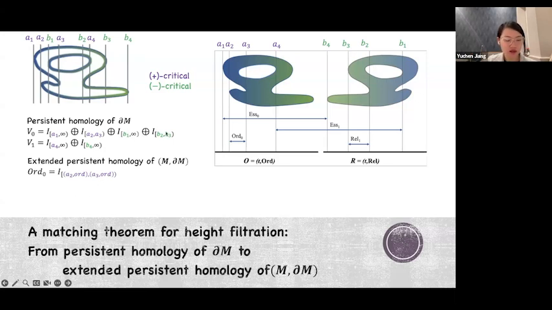And for the pairs of minus critical points B2, B3 here, we will flip them and send them into the relative class of one dimension up.